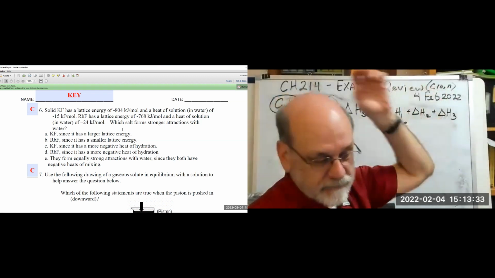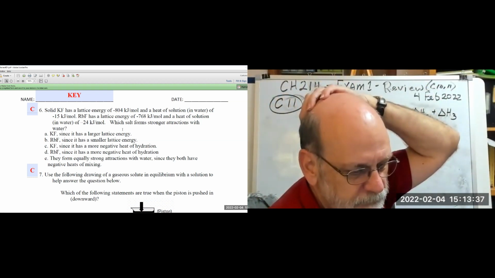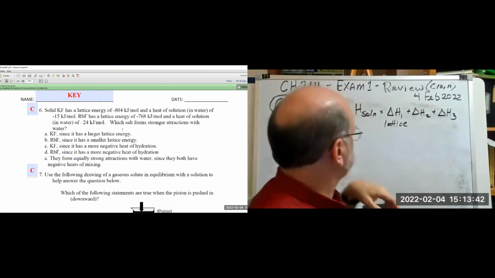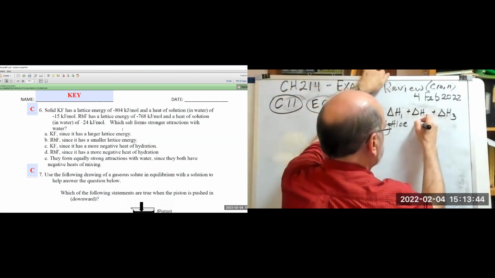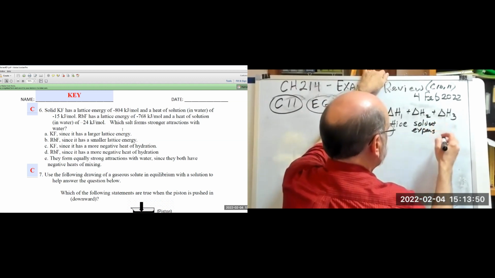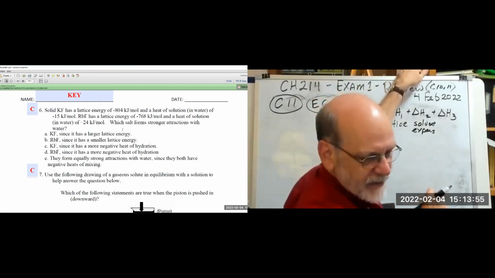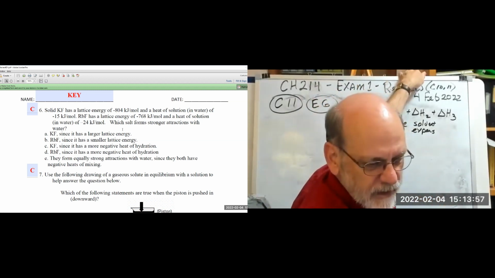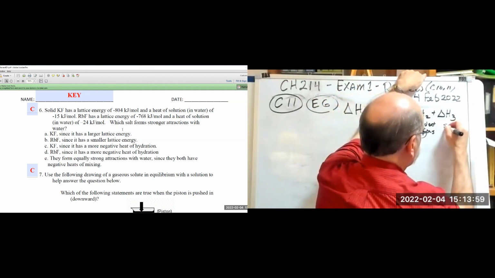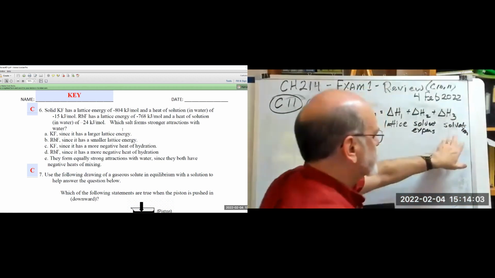The second one is called solvent expansion. So we put energy in here, we put energy in there. And the third one is solvation. So that's the energy we get back.